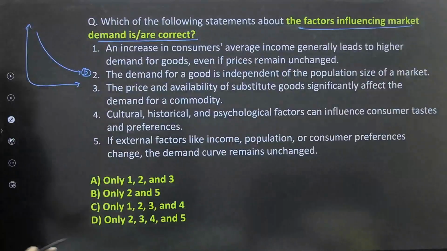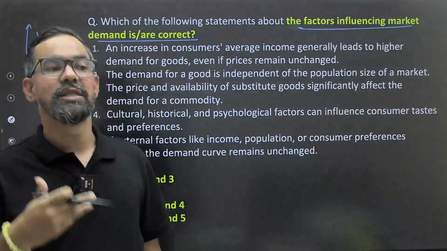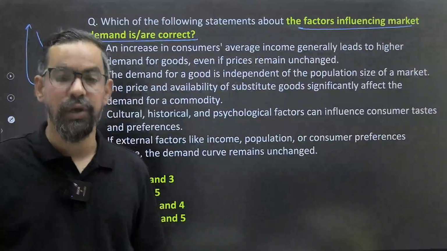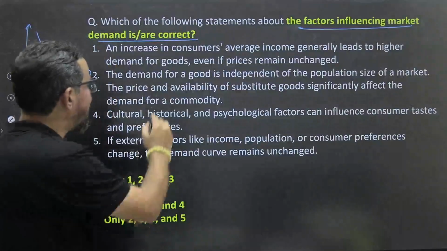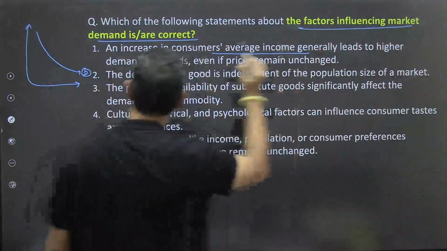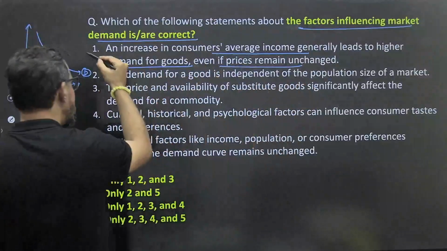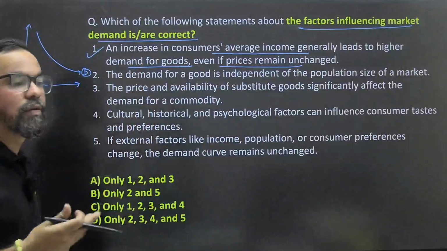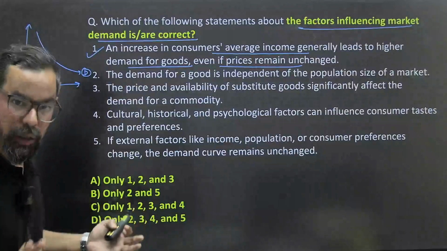We have income effect, substitution effect, and many others. An increase in consumers' average income generally leads to higher demand for goods even if prices remain unchanged. 100% true. If your income level increases, you will do more consumption, so there will be high demand in the market.